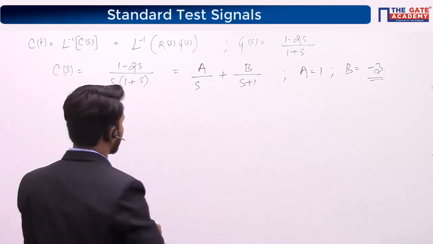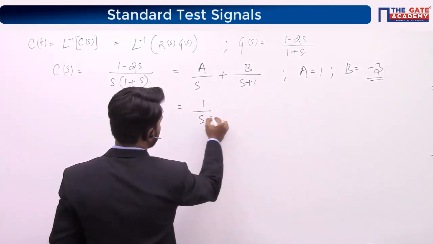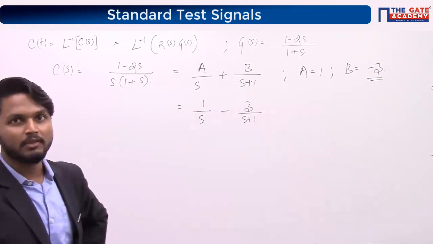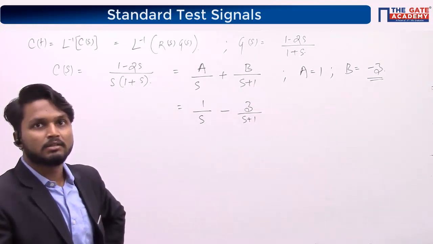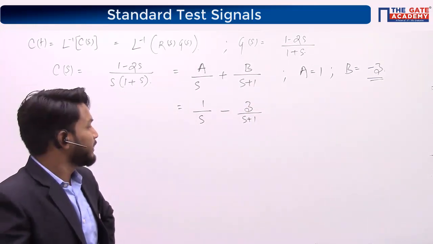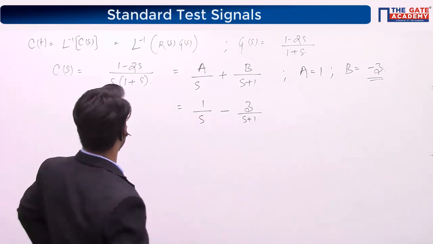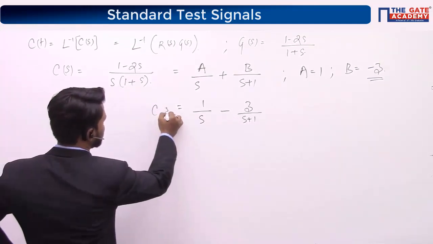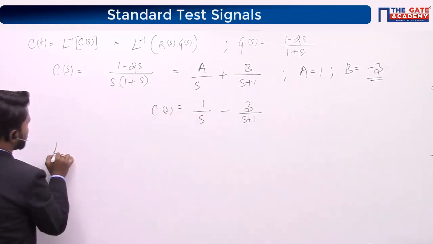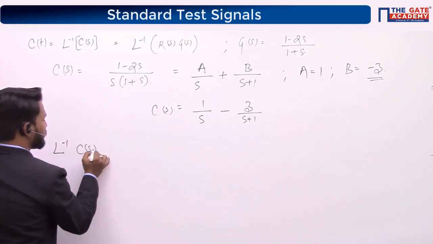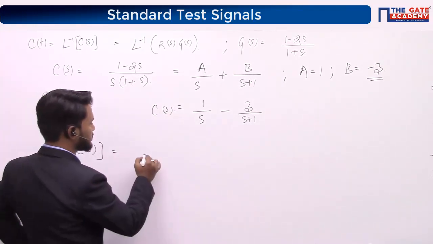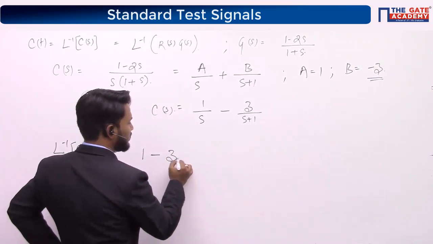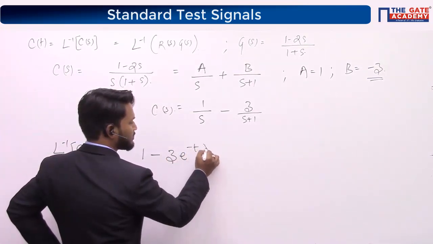Right? Therefore, you are getting 1 by s minus 3 by s plus 1. So Laplace inverse of C of s is 1 minus 3 e power minus t.